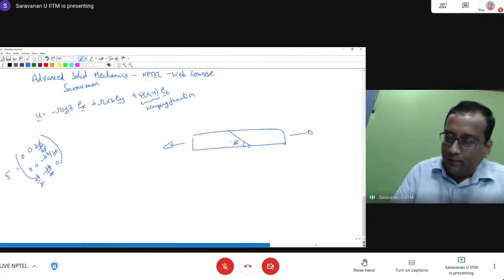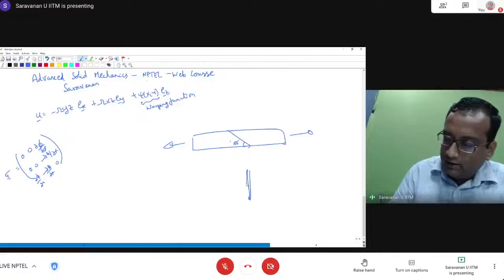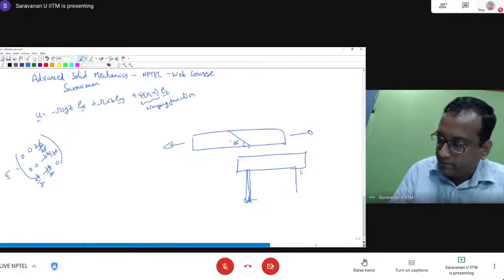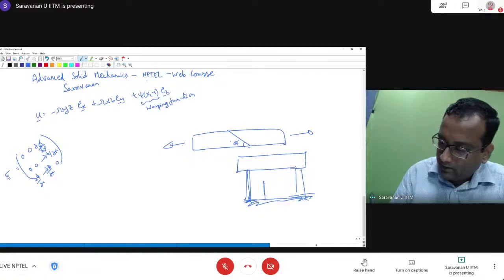Okay, what I mean by testing frame is you have a rigid frame here, right? You have a strong floor on which you're going to do a frame test. Say I'm doing a frame test of a connection.